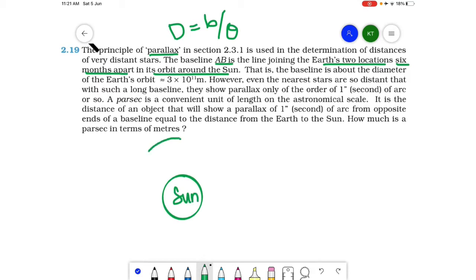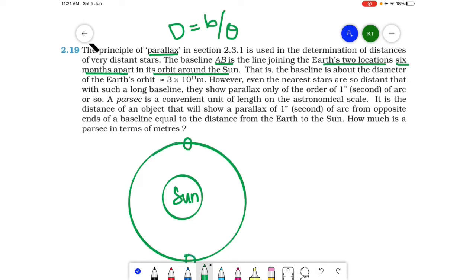So we've got the Sun here. We've got the Earth orbiting around the Sun. So 6 months apart, the Earth will be at this position next. So this is distance AB. That is, the baseline is about the diameter of the Earth's orbit, 3 into 10 power 11.